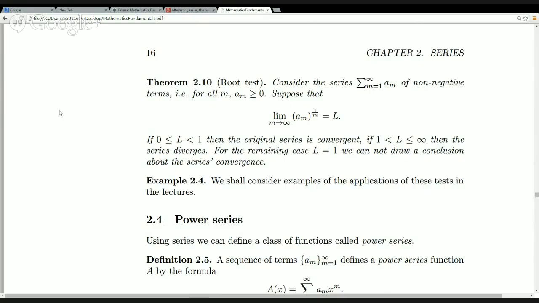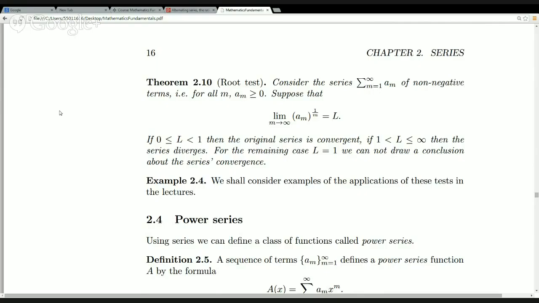Because if the limit of a_m to the power 1 over m is equal to L, then if you wait around long enough for this sequence to get as close as you want to L, eventually a_m is approximately L to the power m.